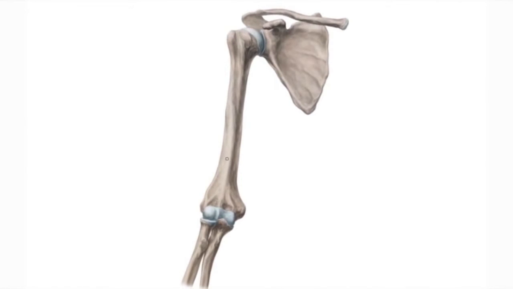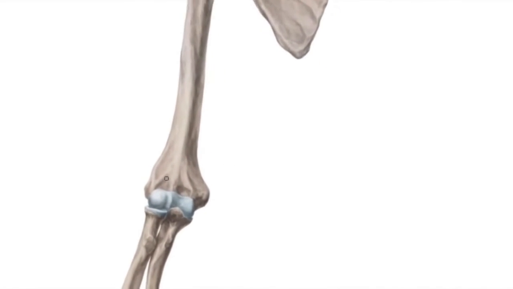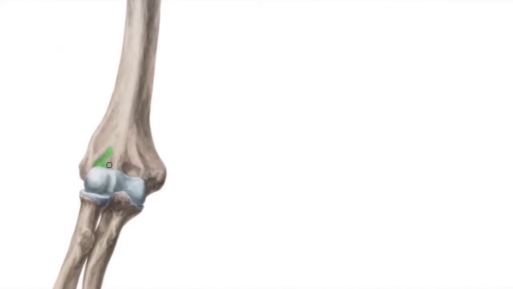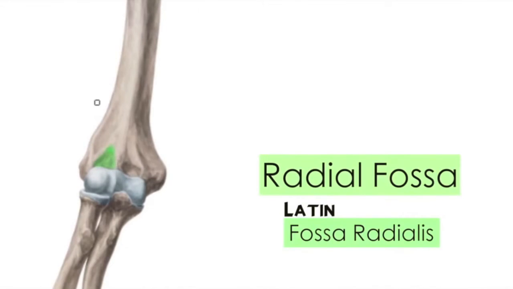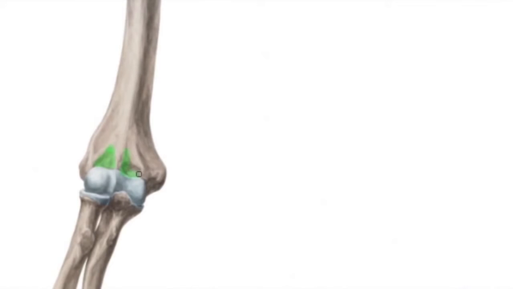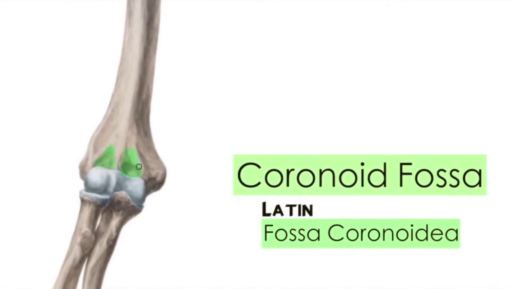Now moving further to a more distal point, you're going to find a fossa here known as the radial fossa, and it's located laterally. Now on the medial side, you're going to find what is known as the coronoid fossa.